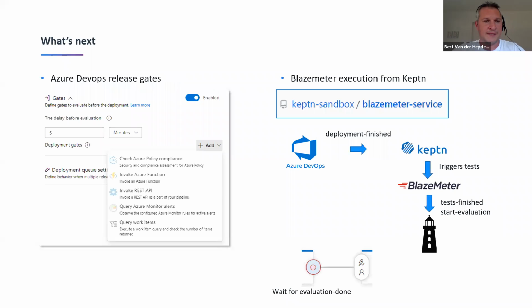What's next? Actually, I'm not that familiar with it yet, but we're going to work on it anyway. The idea is to make that final step that we're waiting for a gate in Azure DevOps, a release gate.